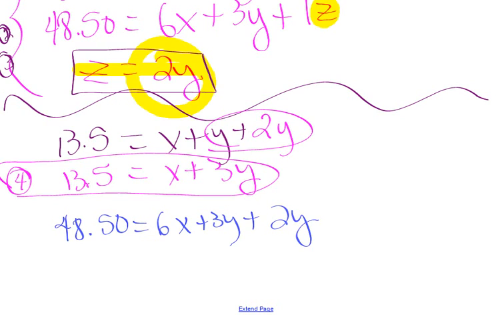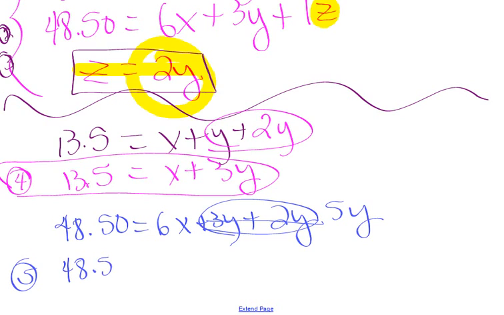Okay, so now we're going to combine like terms. 3y plus 2y is 5y. So our equation number 5 becomes 48.50 equals 6x plus 5y.